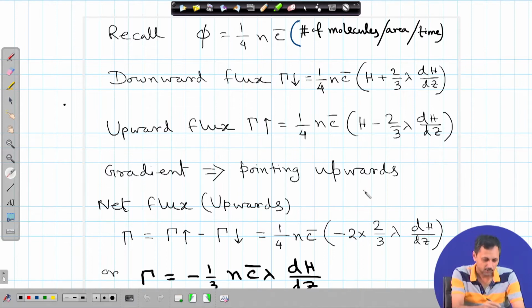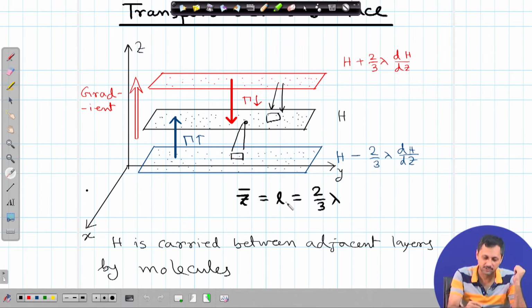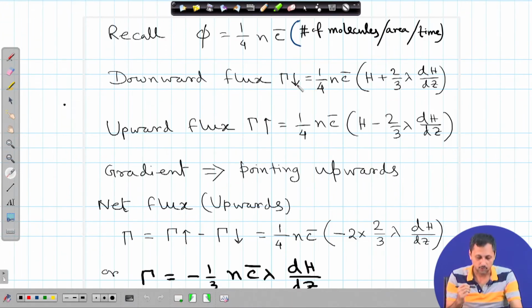Now, we see that the gradient is pointing upwards. What do you mean by gradient pointing upwards? That means the quantity H is increasing in the upward direction. This H is less here, H is slightly more here, H is slightly more here. So, that means H is increasing in the upward direction. Okay. So, what we do is we compute the net flux along the gradient, which is gamma equal to gamma upward minus gamma downward.